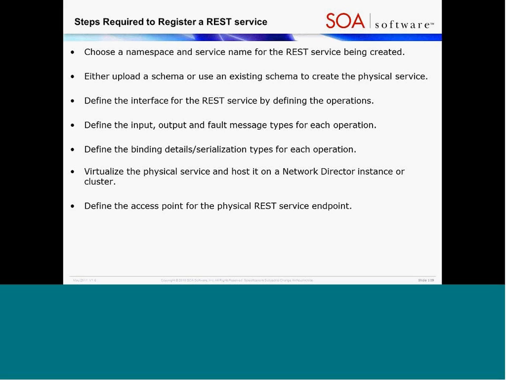You need to define binding types. You need to define all your input, output, and fault message types for each operation. And so you have a little more to do to actually define your RESTful service.